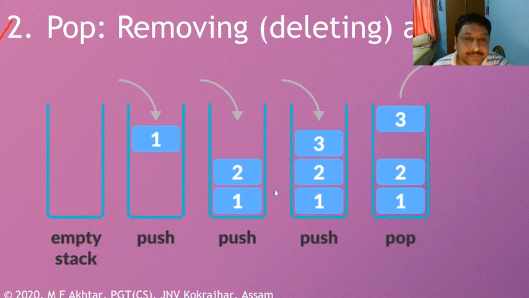Here we have put 1, then another value 2, then another value 3. All these are push operations. Now if we want to take one element, only the last element we can take from the stack, and that operation is known as pop operation.